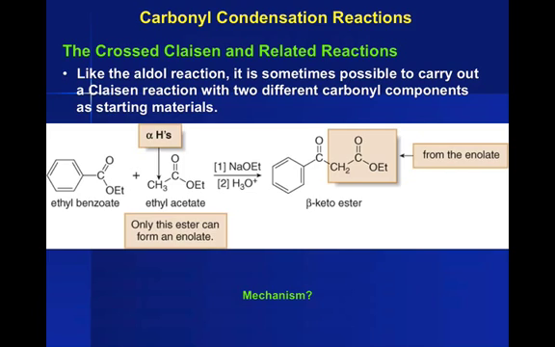So once she's generated a little bit of the enolate, it can either react with itself or it can react with the ethyl benzoate. Can anybody tell me why it would prefer to react with ethyl benzoate over ethyl acetate? It turns out that the carbon of that carbonyl, because of the resonance with the benzene ring, is more electrophilic. And so it reacts preferentially, but not solely. Okay?